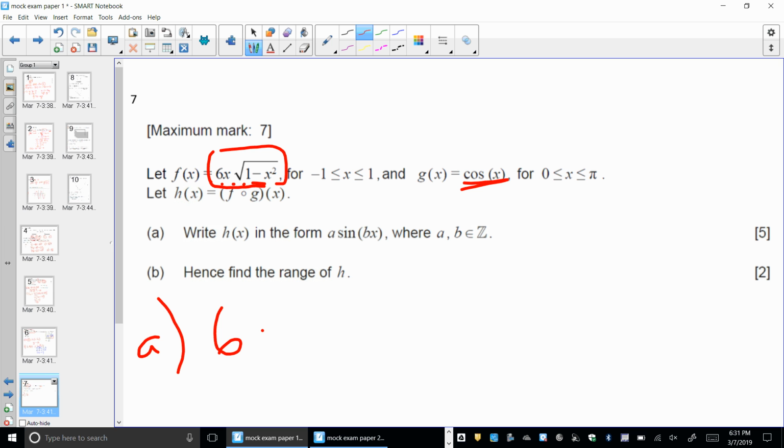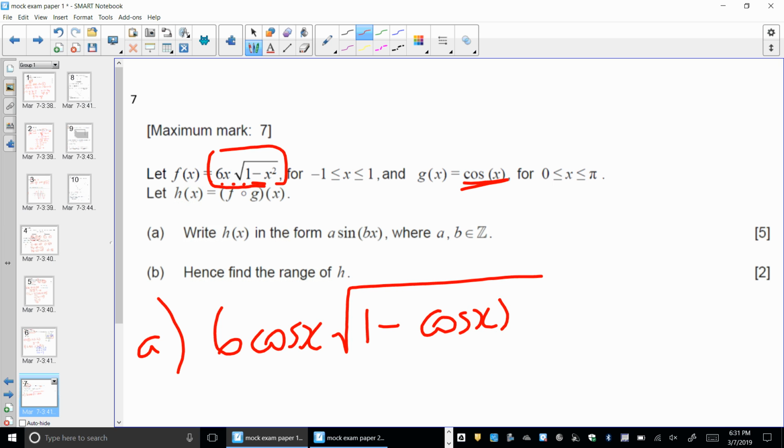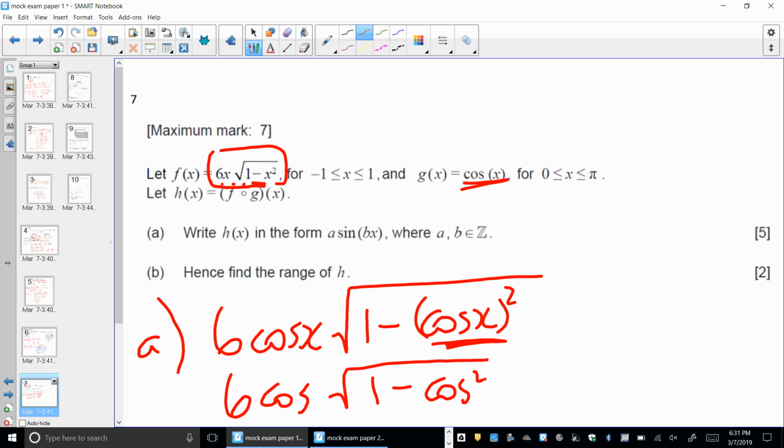So we've got 6 cos x times the square root of 1 minus cos x squared. I've written it like that on purpose, just to recognise what's going on. Now, here we need to know that cos x all squared is normally written as cos squared x.